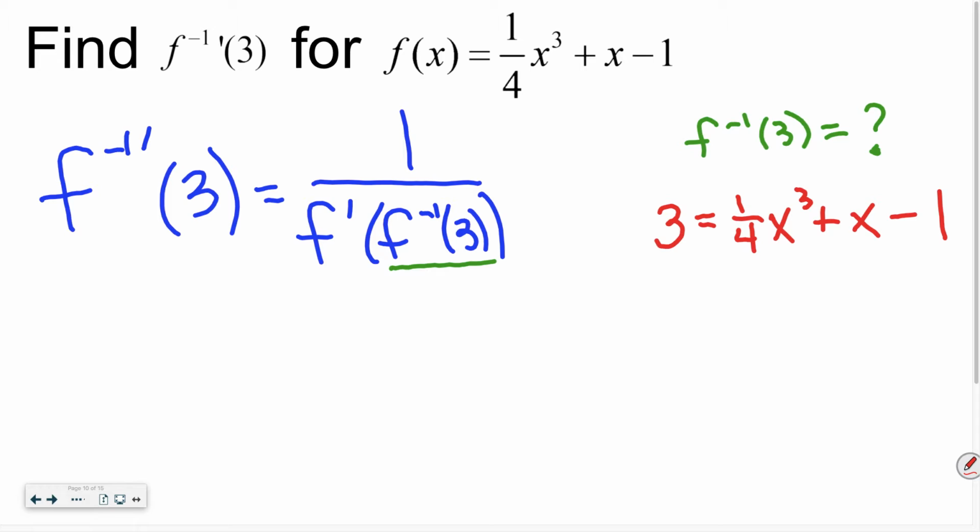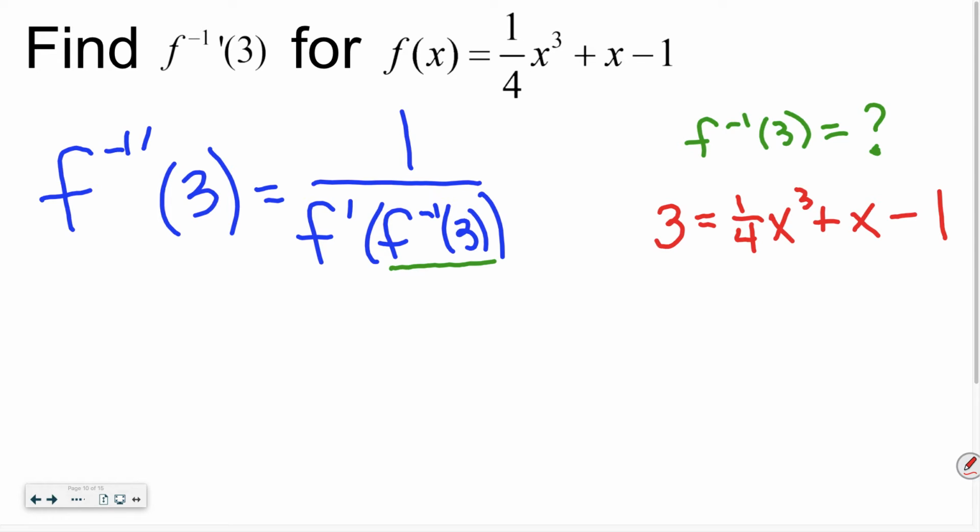I have no problem with that. What x value can we plug in to make it equal 3? Obviously, 1's not going to work. What's 2 cubed? 8. Divided by 4. Plus 2. Minus 1.